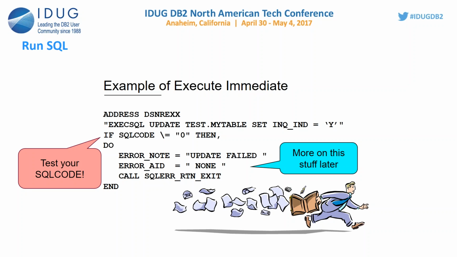Again, that SQL error routine that we're calling, we're going to see some of the code in there in a minute. But you see that I'm providing a couple of pieces of information to that routine, error note and error aid. Those are not DB2 specific things. Those are just things that my error routine expects, and it's going to end up displaying some of that out with the rest of the information.